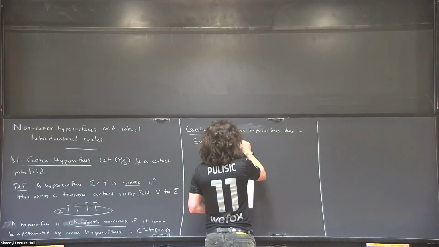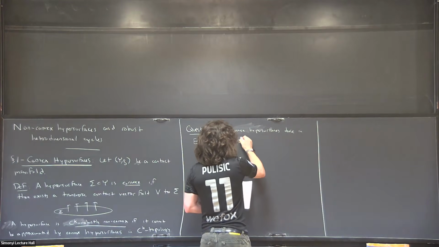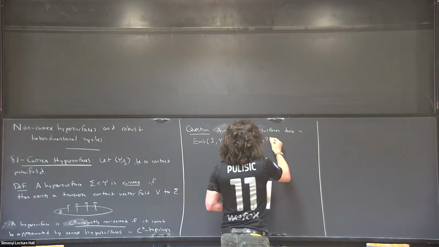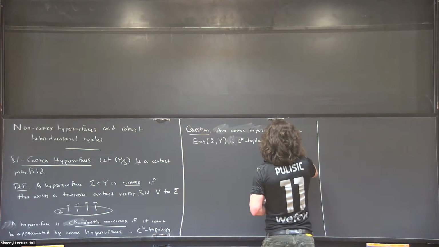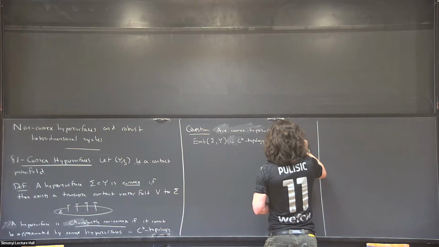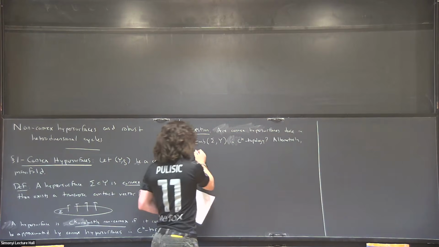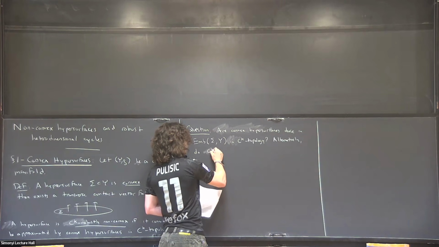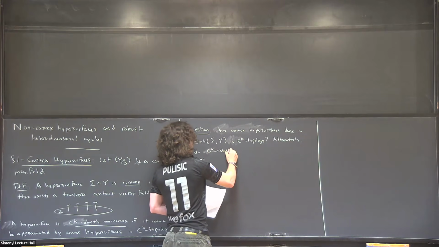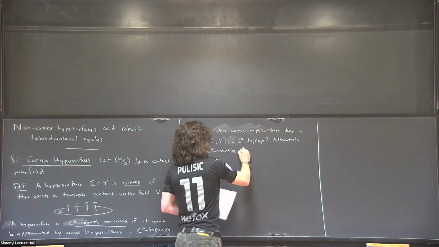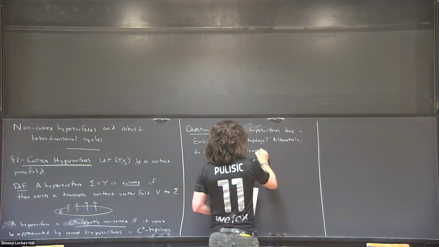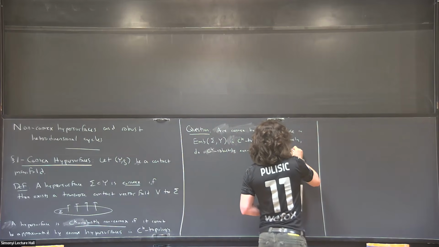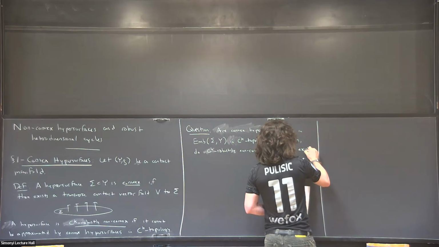In other words, maybe in the C^k topology. Alternatively, just phrased in a different way, do C^k robustly non-convex hypersurfaces exist? Okay.